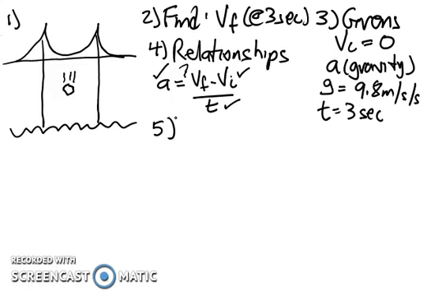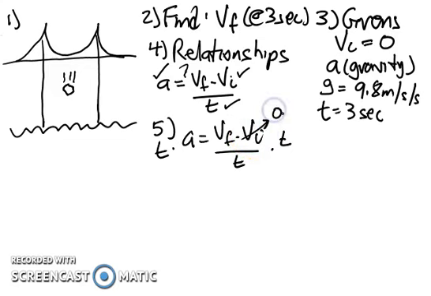We could rearrange this, and I'm going to do this in the classic physics way, where I end up isolating the variable. Many people feel more comfortable inserting numbers early, and I'll do that as well. So if I have acceleration is equal to final velocity minus initial velocity over time, multiply each side by time. And I realize that initial velocity is equal to 0 because I'm dropping this.